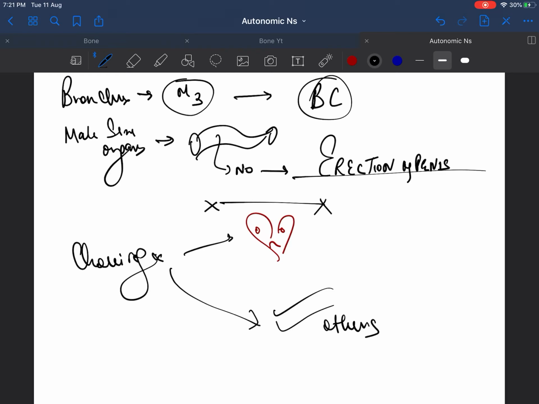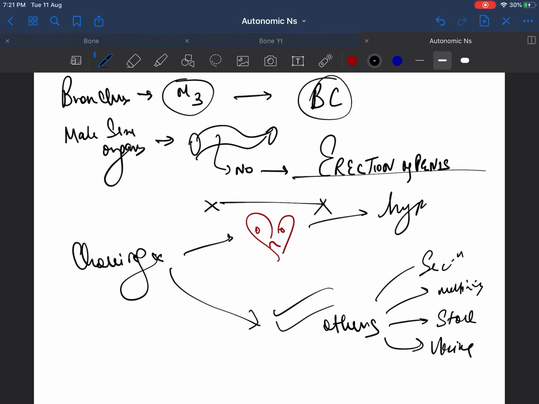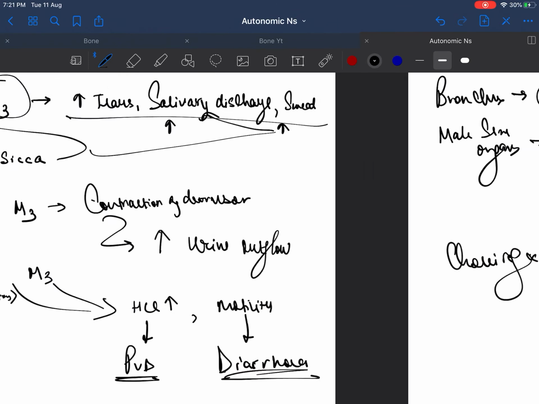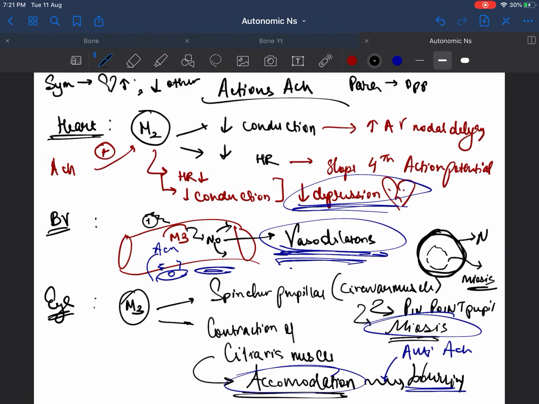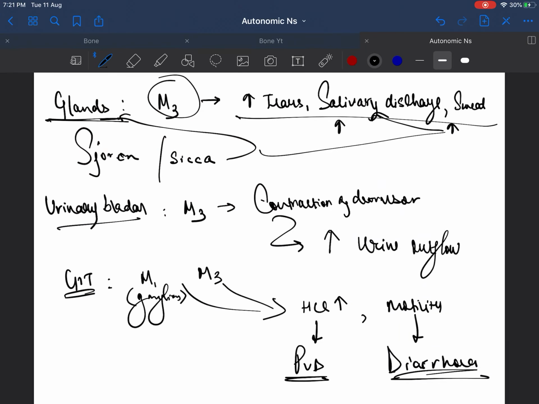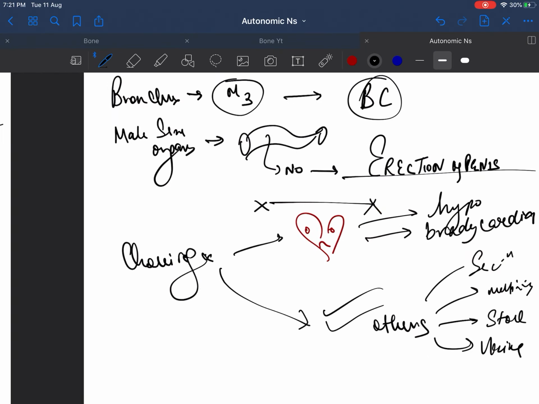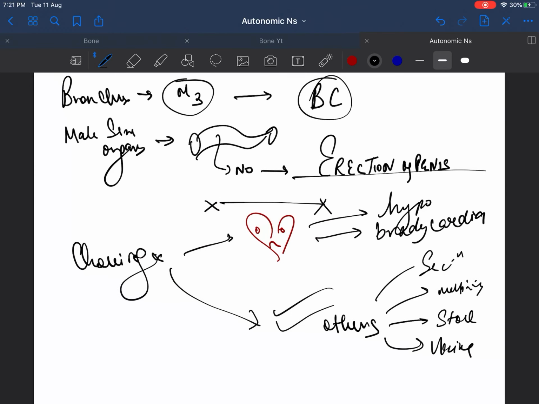So the secretions will increase, the motility will increase, your stool outflow will increase, your urine will increase. In the heart, it will lead to hypotension, it will lead to bradycardia, and also it's easy to understand how the cholinergic system works. So these were regarding what happens in the receptors and what is the action of acetylcholine.